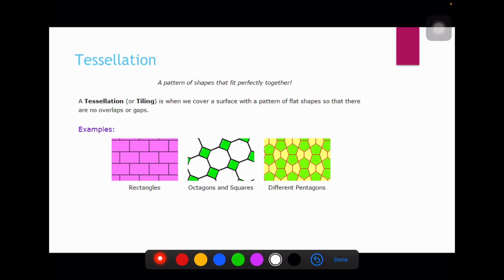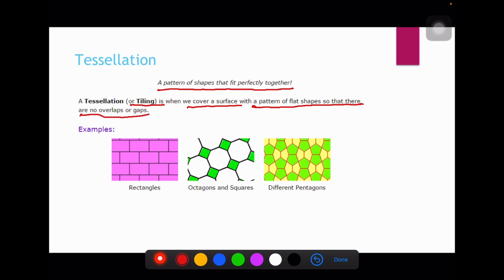Okay, so what is tessellation? It is a pattern of shapes that fit perfectly together. There will be no spaces. So a tessellation or tiling is when we cover a surface with a pattern of flat shapes so that there are no overlaps or gaps.